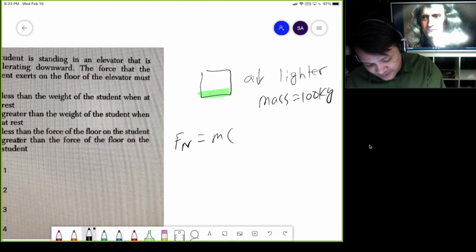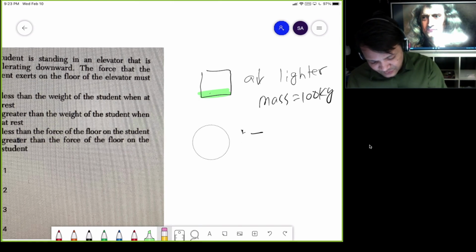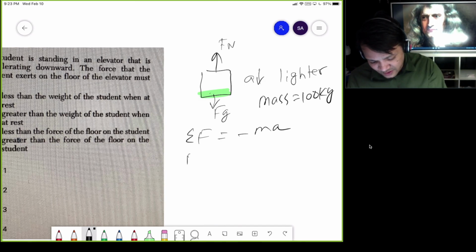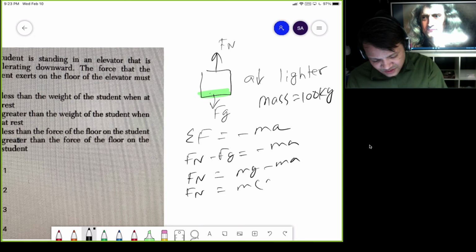Make sure you understand that; if you don't remember, you can always write it down. Fn minus Fg equals negative ma, so Fn equals mg minus ma, so Fn equals m(g minus a).